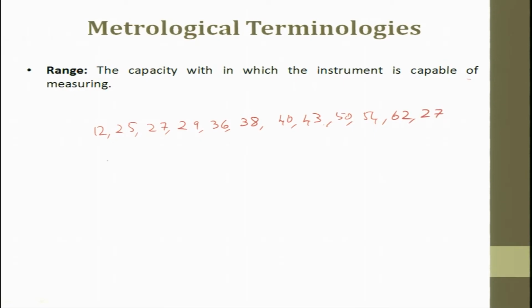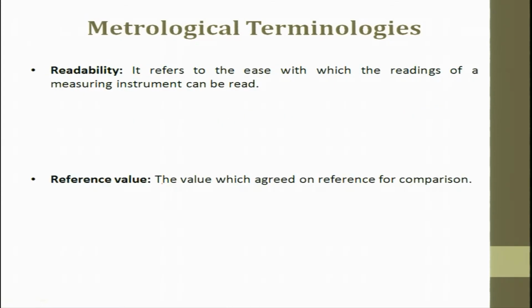What is the range? The range is nothing but from the lowest to the highest. It is 12 to 62 for this particular measuring device. These can be units like voltage or millimeter, whatever it is. We are just trying to explain what the range is: the capacity within which the instrument is capable of measuring.